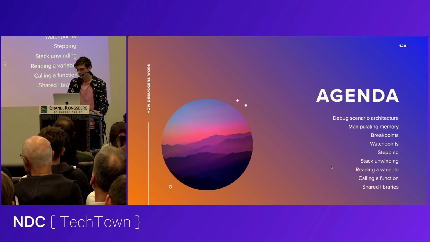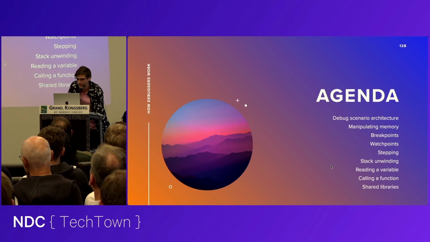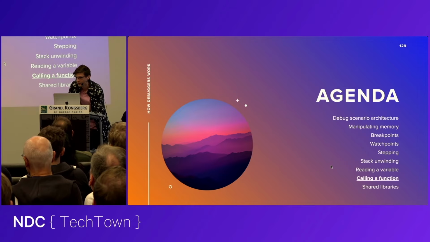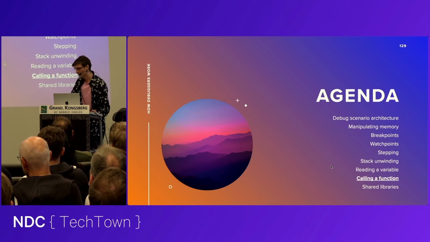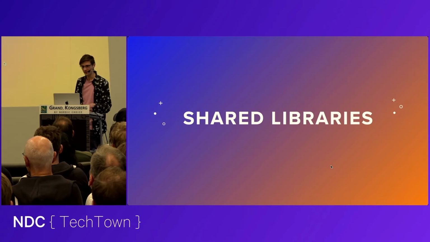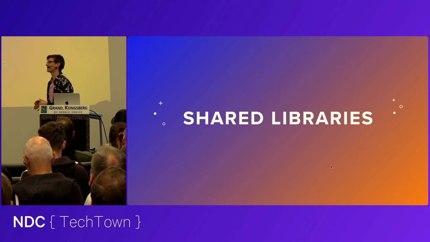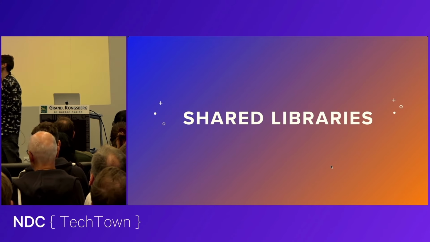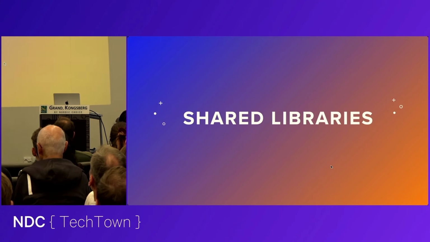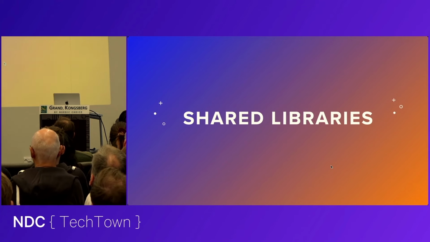Okay, so we're now at our final topic, which is shared libraries. This for me was, when I was learning about all the different parts of the debugger, just really cool. I hope you'll find it interesting as well.